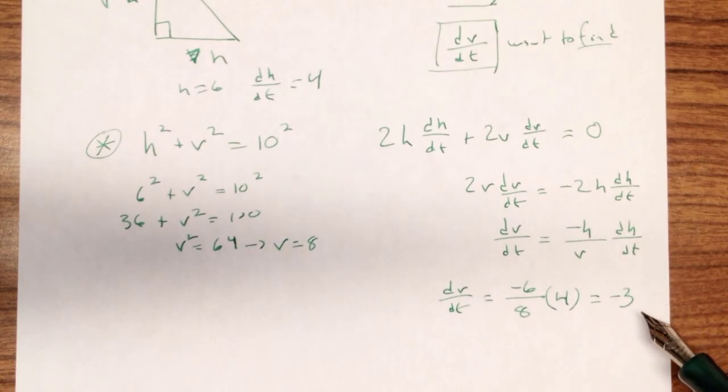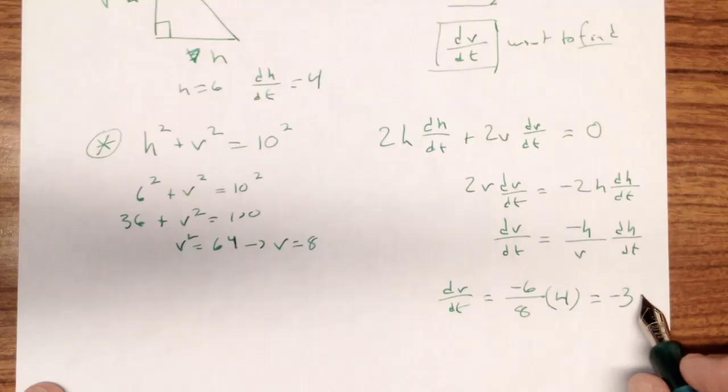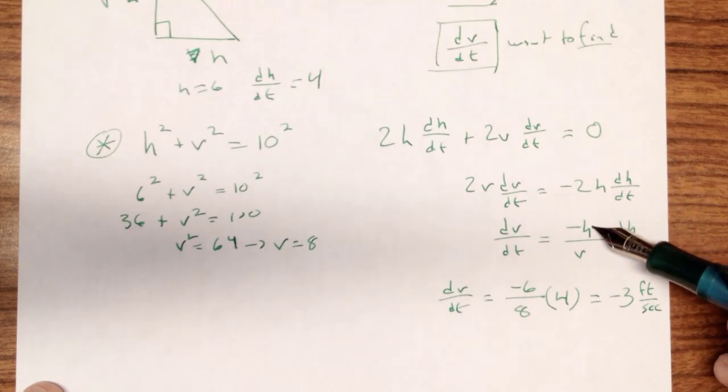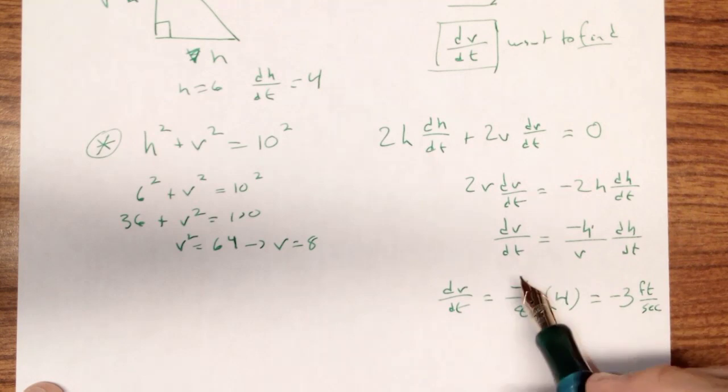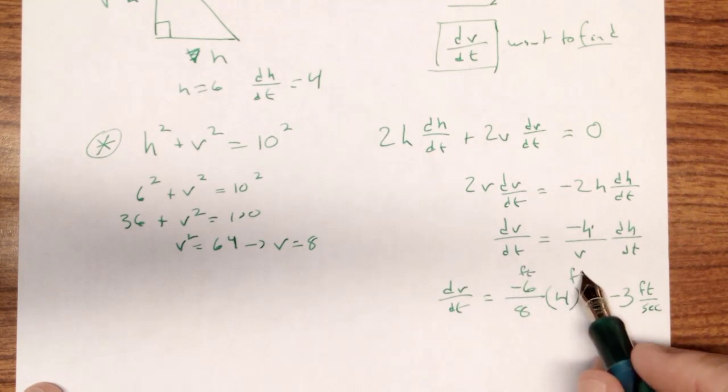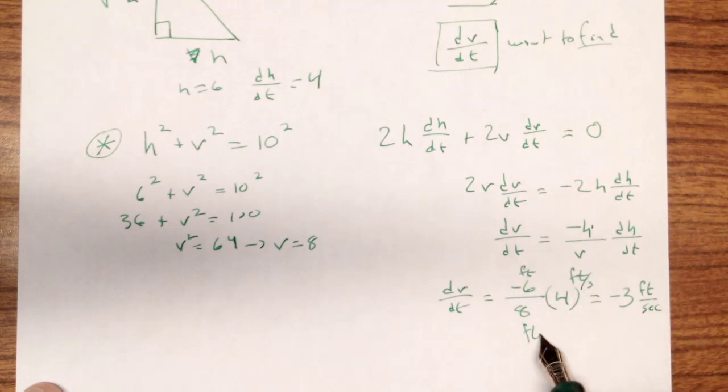What are the units on that? Well, it's a change in length, and length at the moment was measured in feet, so that should be feet per second. Let's check. H is in feet, V is in feet, dh dt is in feet per second, so I have feet on top, feet per second here, feet on the bottom.